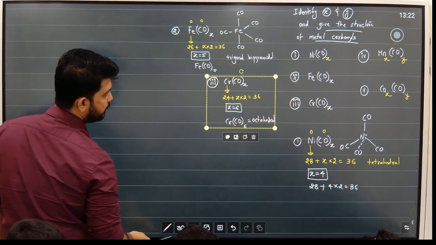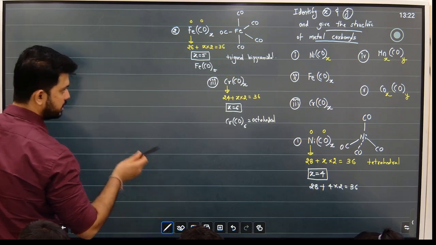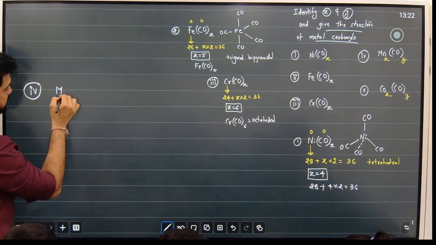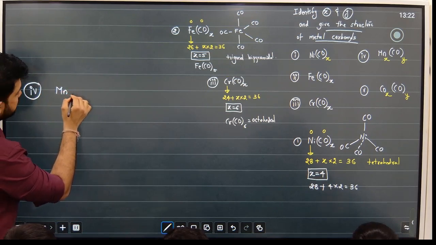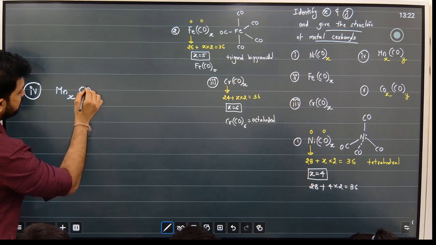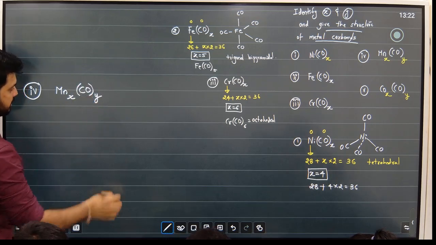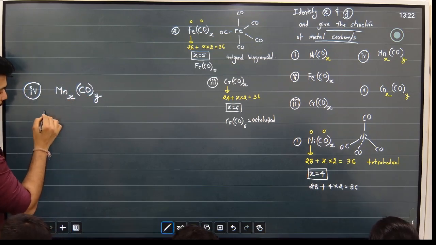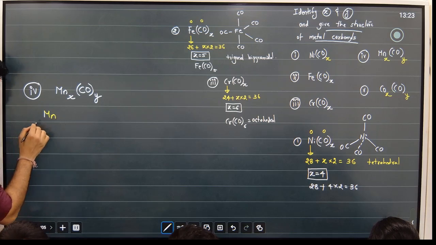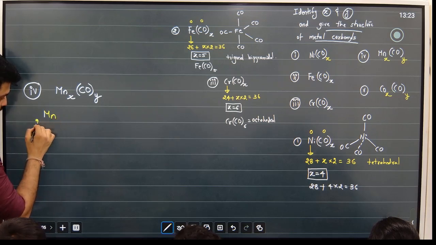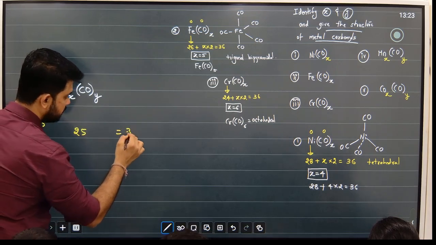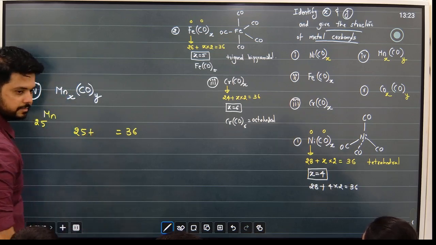Now pay attention carefully for the last two because they are slightly different. What is the fourth one given? Mn(CO)X. Now, if I look at Mn, atomic number 25, I want 25 to reach 36.